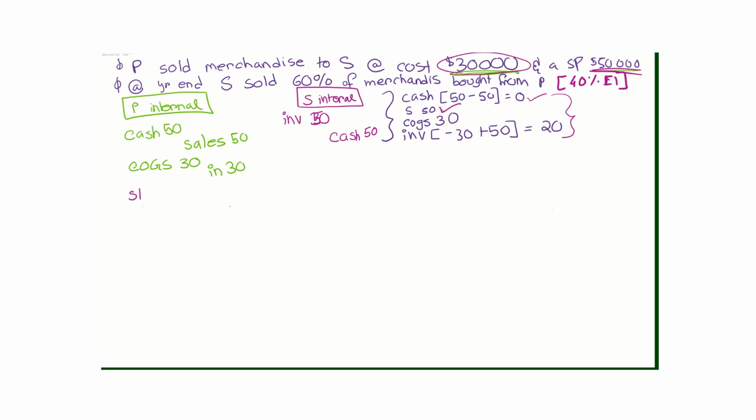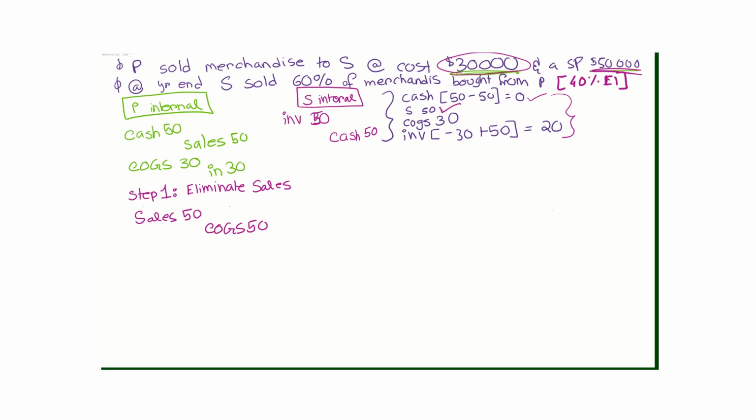So step 1 is eliminate sales. So let's eliminate sales. We're going to debit sales for 50 and we're going to credit cost of goods sold for 50. Awesome. So now what is our running total?